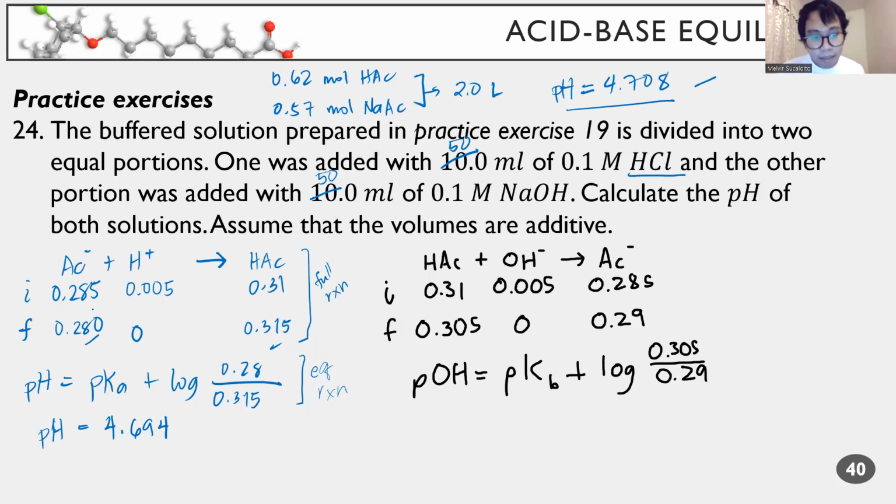Mawala na po sila. This final state here, ito yung magiging initial state nung equilibrium reaction, nung equilibrium condition. Did you get it? So tandaan mo, yung Henderson-Hasselbalch equation natin is the equilibrium calculation.